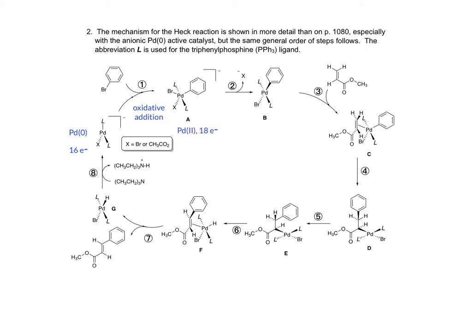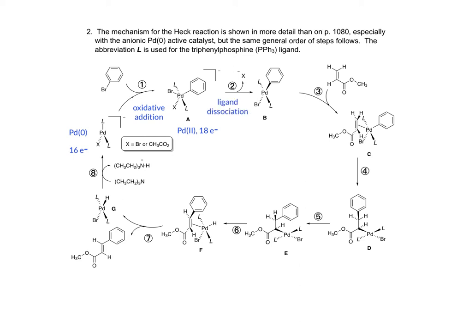Note that the two triphenylphosphine ligands, L, are trans in the trigonal bipyramidal structure. In the second step, we have a ligand dissociation.